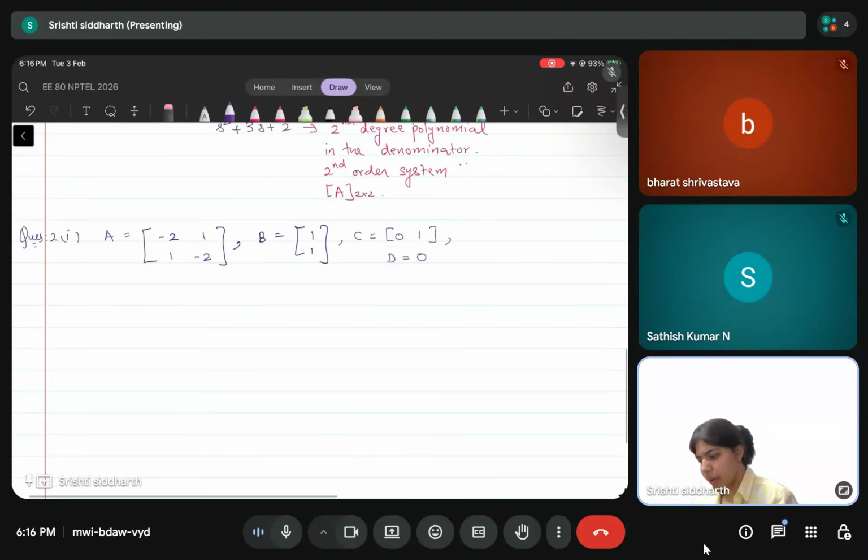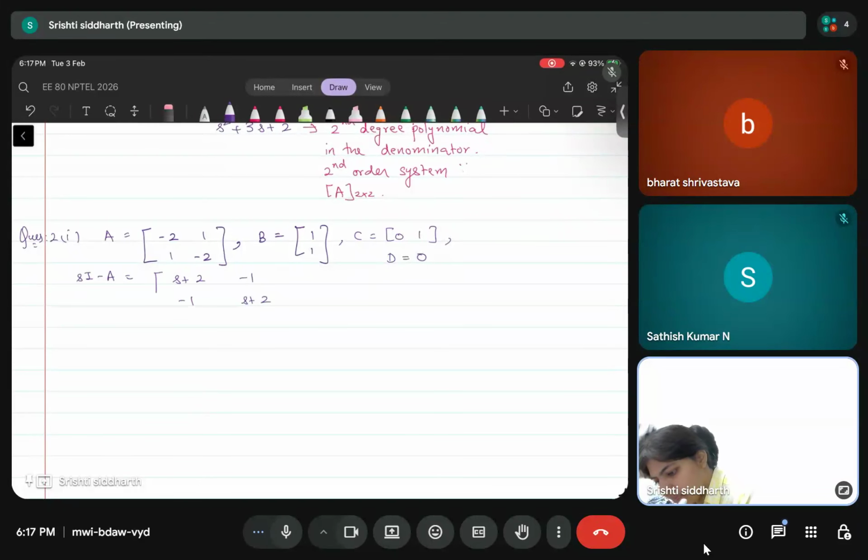Let's quickly compute sI minus A, which is [s plus 2, -1; -1, s plus 2]. And its inverse is 1 over (s plus 2) squared minus 1, times [s plus 2, 1; 1, s plus 2].